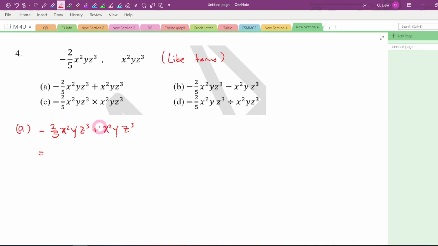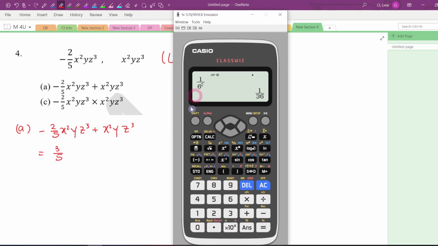If you don't see any coefficient here, it means 1. So how do we get the answer here? You can just press your calculator, negative 2 over 5 plus 1. You get 3 over 5. If you're not sure, you can always use your calculator to help you check the answer. Where does this 1 come from? It's the coefficient for this term. Okay, 3 over 5.